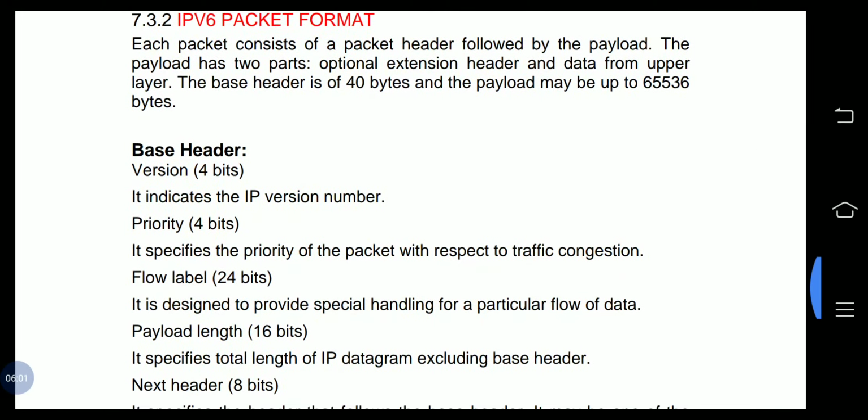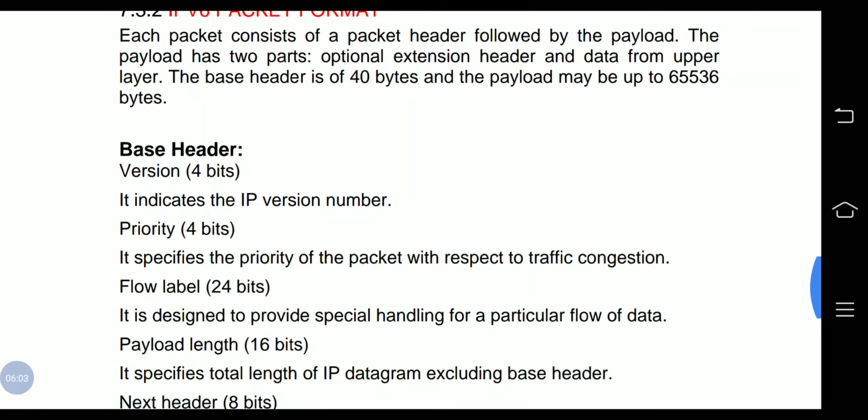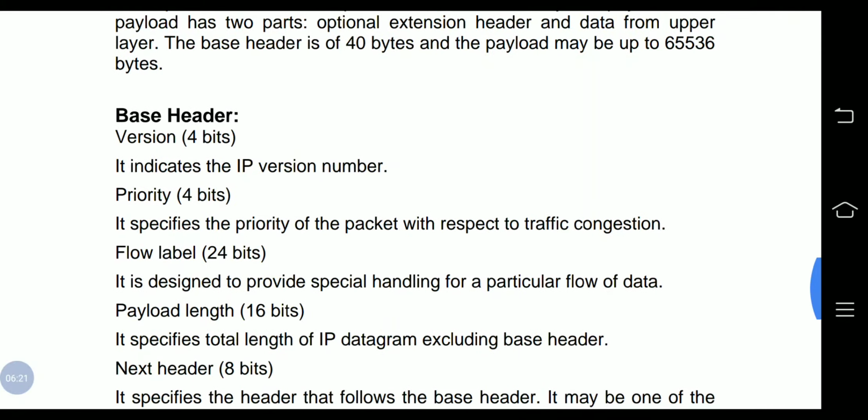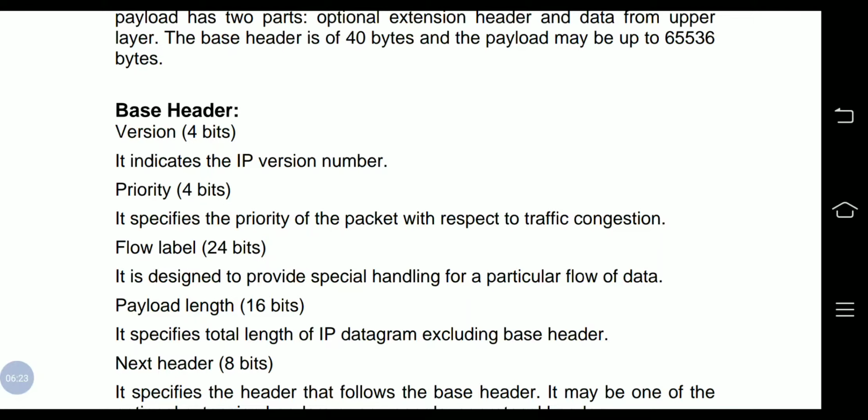The first field is the version field, which consists of 4 bits and indicates the IP version number. It is the same as IPv4, but here in binary format it represents 6 instead of 4. So in IPv4 it is 4, in IPv6 it is 6.